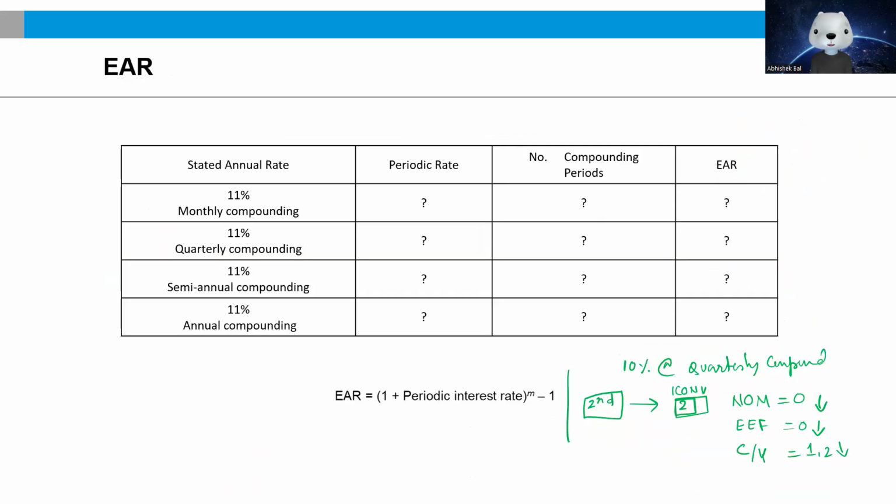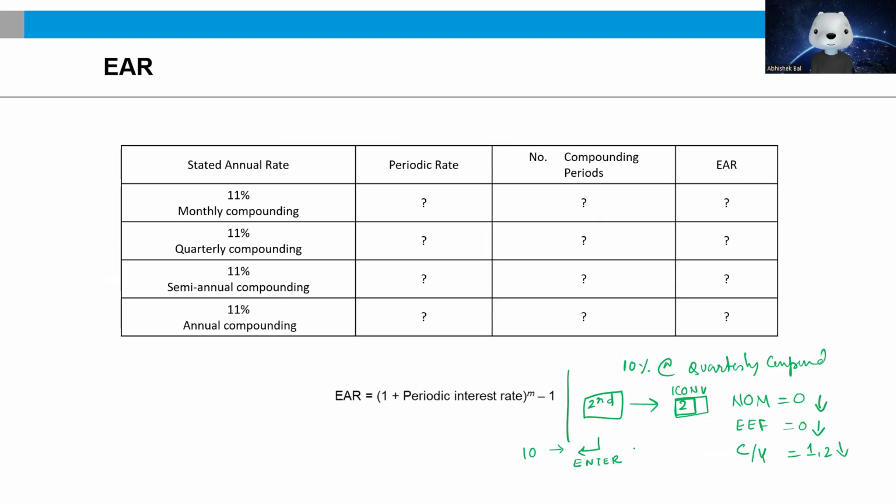So all that we are going to do is press second, press 2, and then we come to NOM. In NOM, I want you to press 10 and then press the button enter. So that means you have fed your worksheet with the 10% quarterly interest rate.